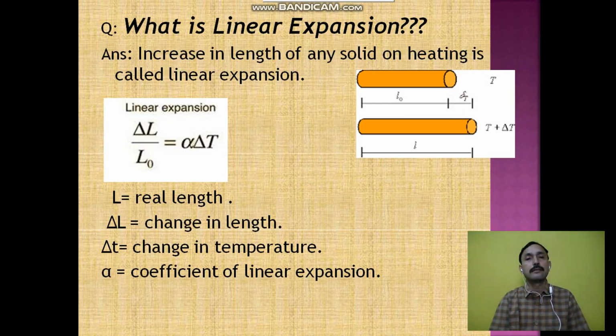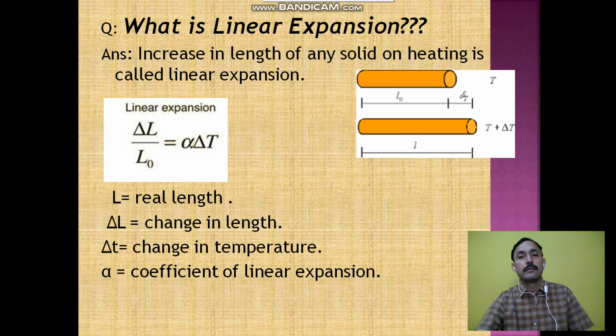So let us discuss linear expansion. Consider this is the solid rod of length L0 at temperature T. Now the temperature is increased to T plus delta T. So its length becomes L.